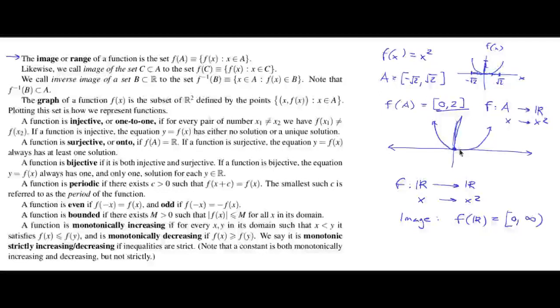So the quick way to think about it is the domain is in the horizontal line when we plot the figure, the domain is the set of all values that you can input to the function, and the range, or the image, is the set of all values that get mapped to. I hope this is clear.